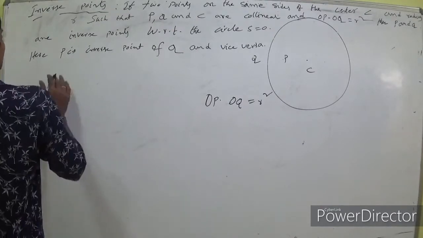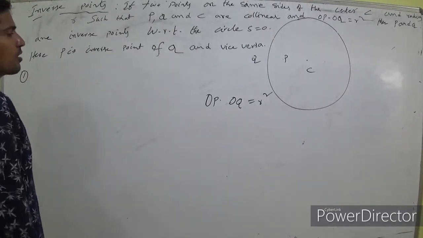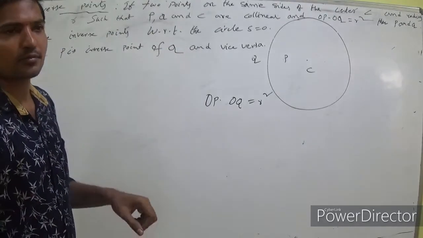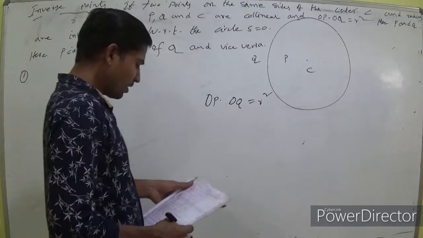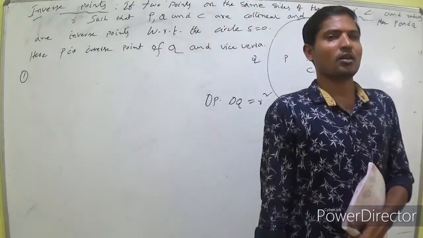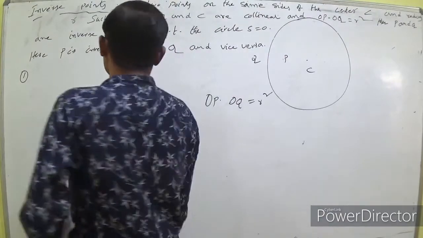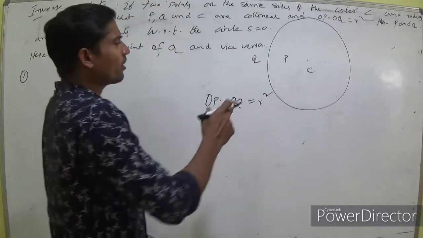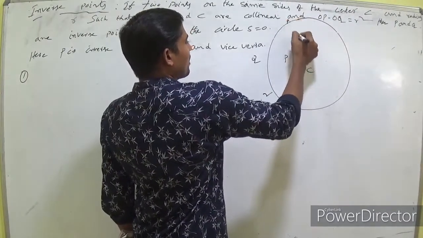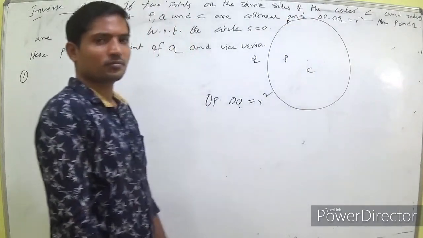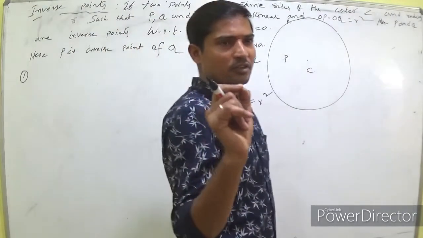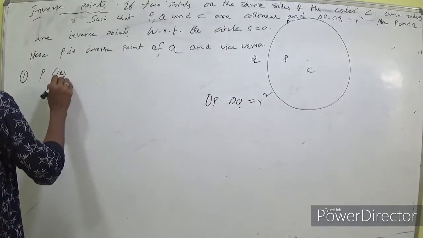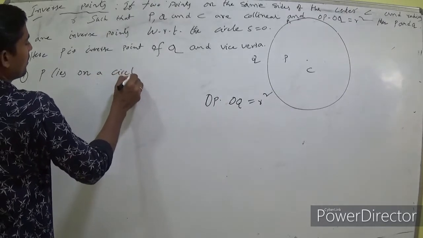Suppose the conditions: suppose P lies on a circle.